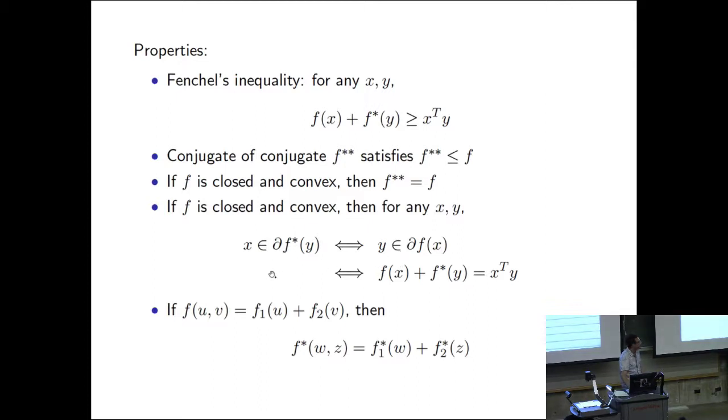I switch the roles of x and y between f star and f. And this statement is itself equivalent to getting an equality in Fenchel's inequality: f of x plus f star of y equals x transpose y.